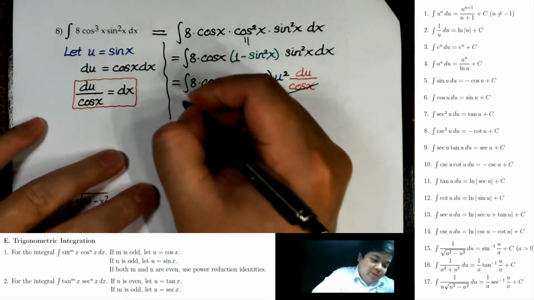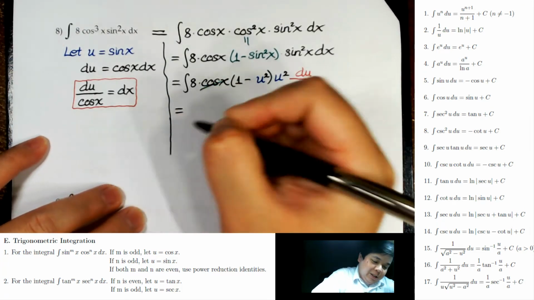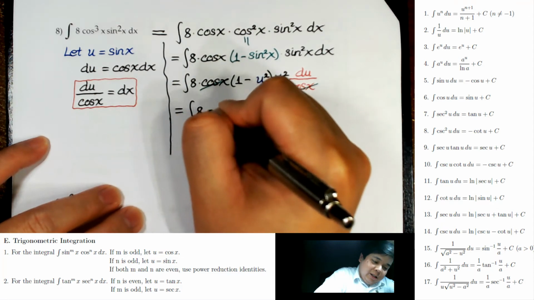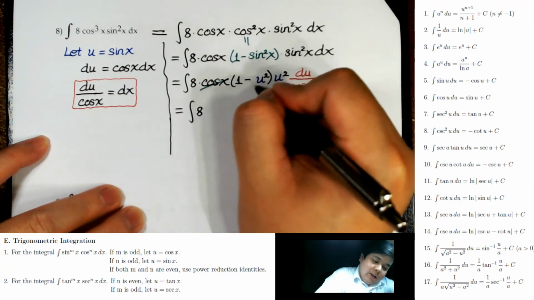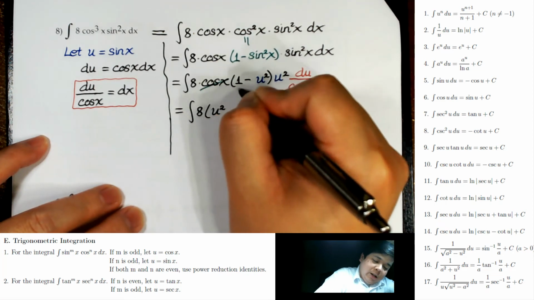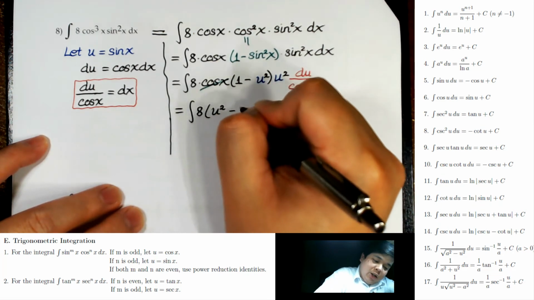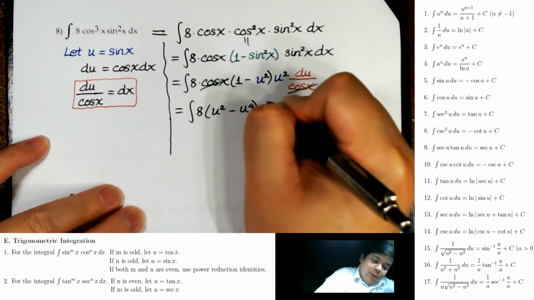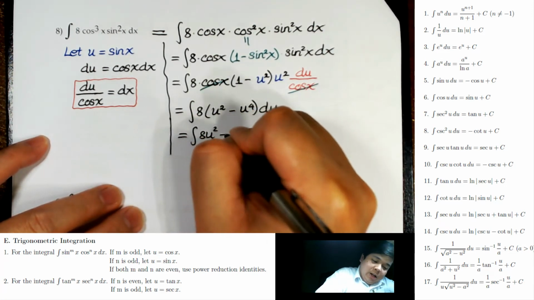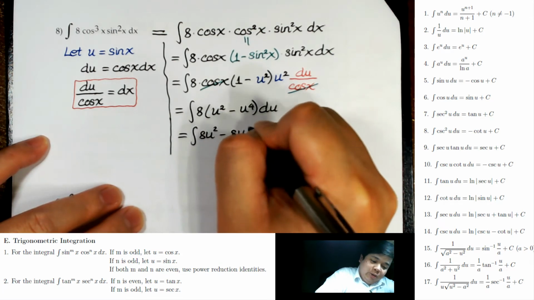So we have 8 times u squared minus u to the 4th du, pretty much 8u squared minus 8u to the 4th.